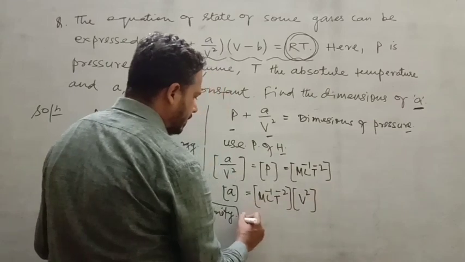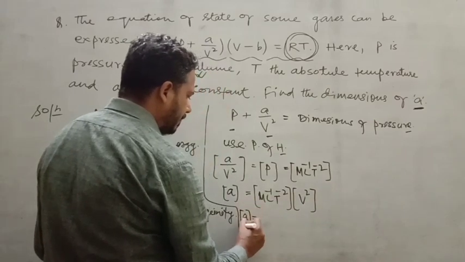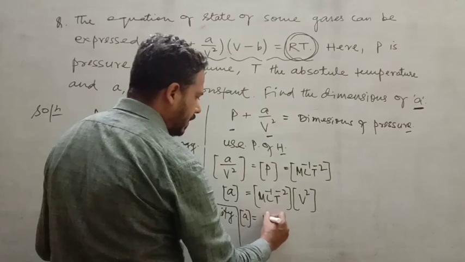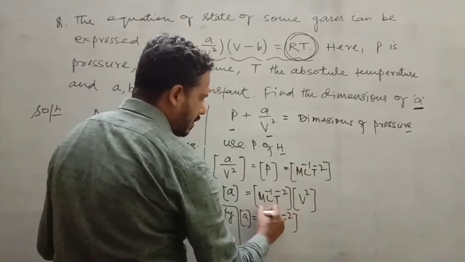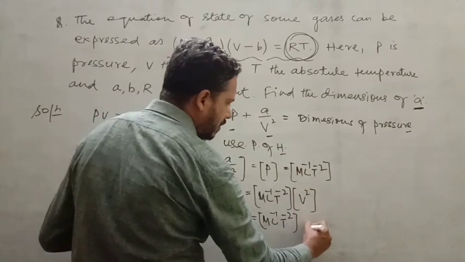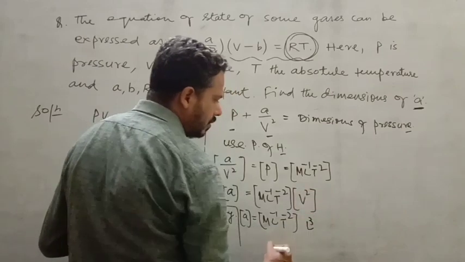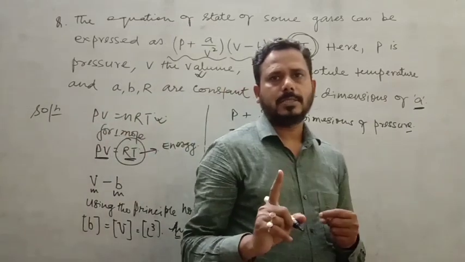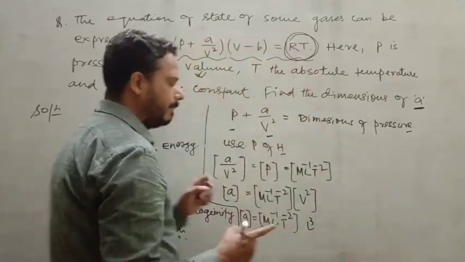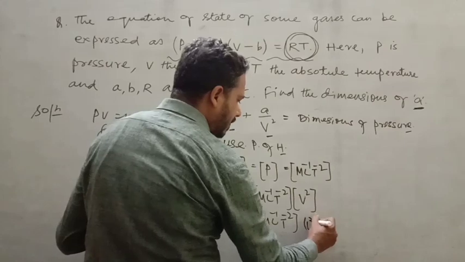Now put the dimensions of volume. The dimension of volume is L cube, because volume has 3 sides, so 3 lengths, and take the square of this.